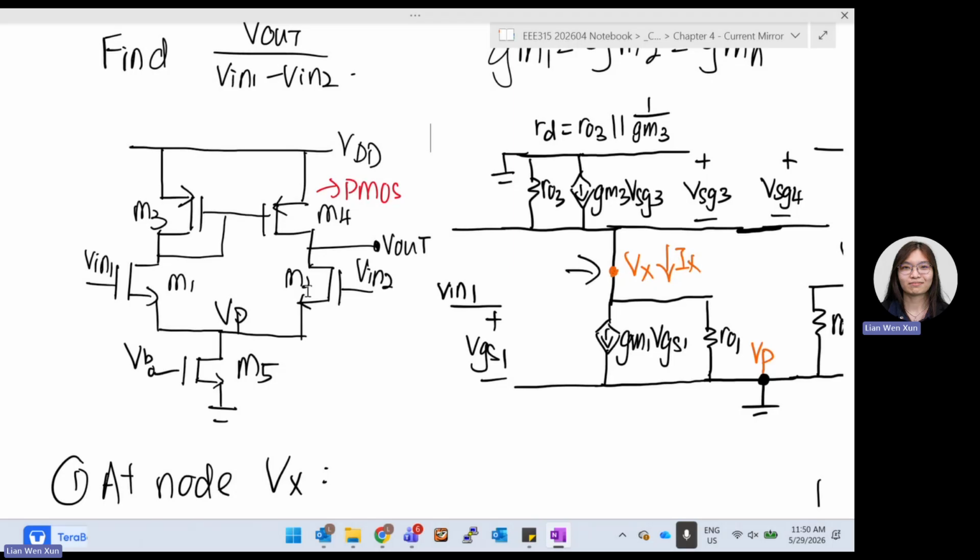And then finally, we investigate what happens at node Vp, the port that combines everything. At node Vp, there will be number 2 and number 1 adding up. What exactly is happening at number 1?